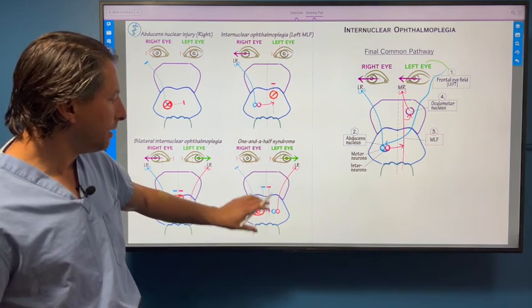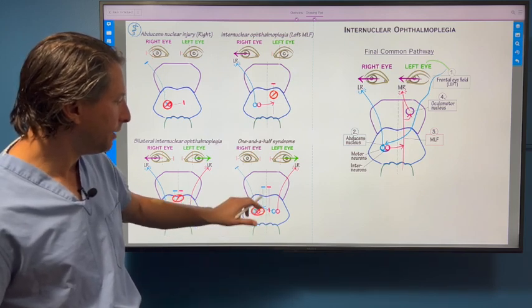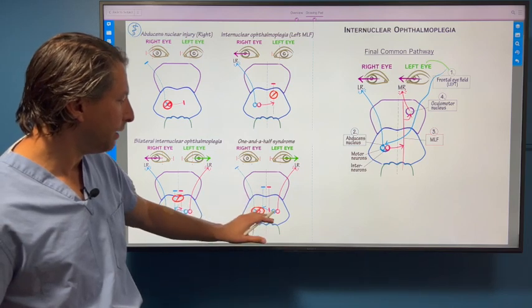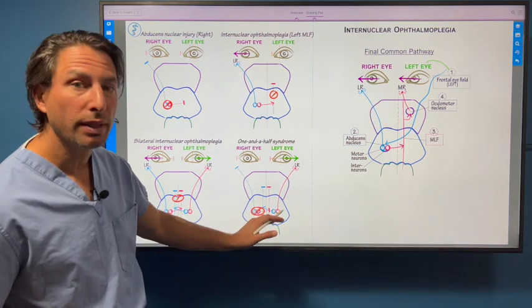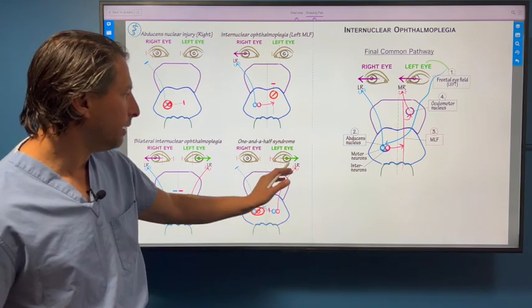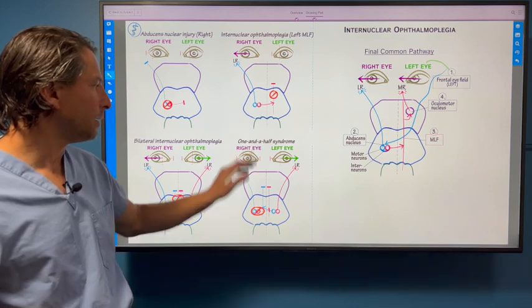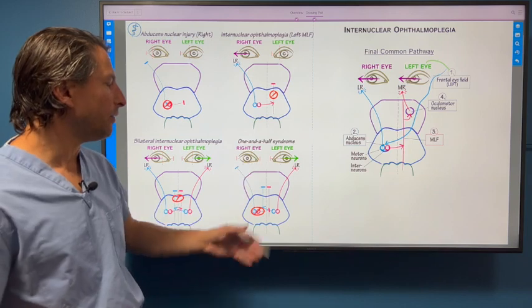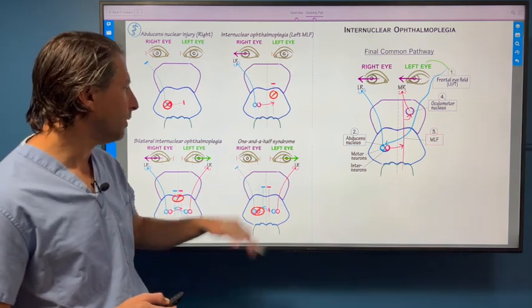So what happens is these crossing fibers are no longer able to make their decussation and ascend ipsilaterally. The only thing left are these abducens motor nuclei here innervating this preserved lateral rectus, and so that's called one-and-a-half syndrome, because 1.5 of the 2 total movements, or 3 of the 4 movements, however you want to describe it, are affected here.